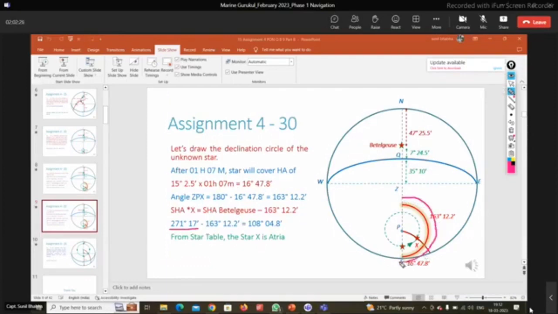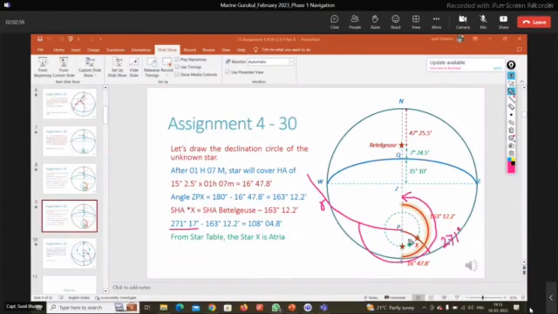Up to here 180, up to here 270, 271, maybe somewhere here. So this is where the celestial meridian of Aries would be, somewhere here. Let me show Aries. And this pink angle is 271. This is the exact value of SHA of Betelgeuse.